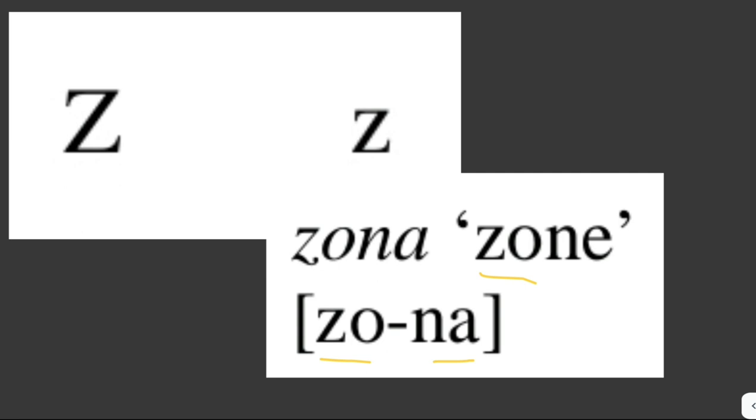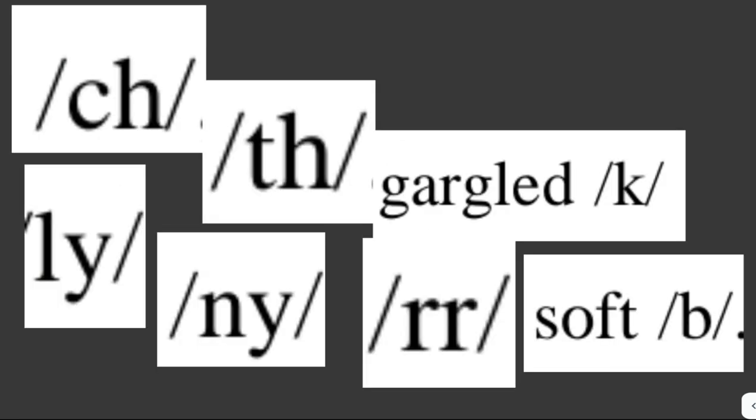And there are those sounds not present or very minimal in the English language, but are common in Spanish, which includes the CH, the TH, the gargled K, as in Bach in German, the LY, NY, the double R, which is pronounced as hard R, and the soft B, as in abe.